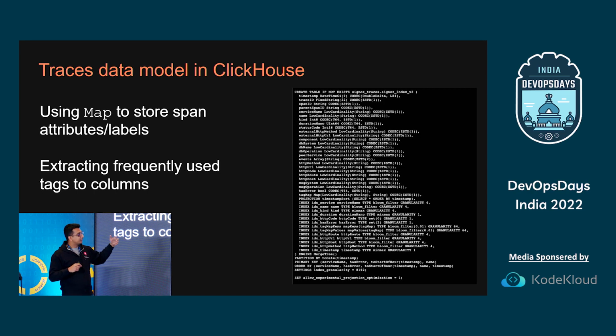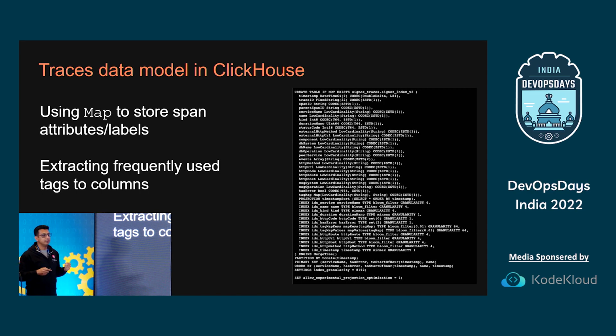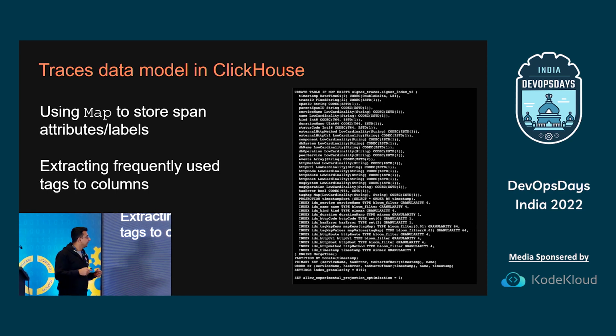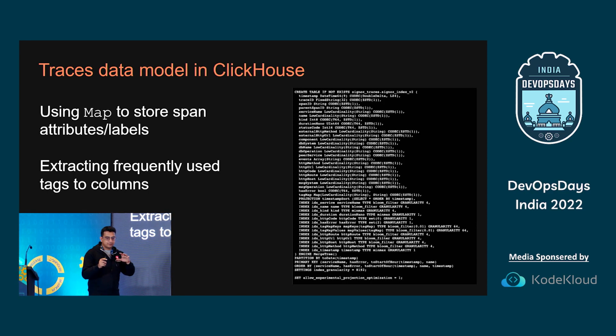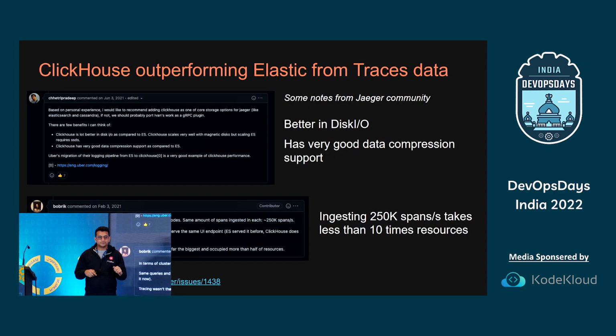Apart from that, ClickHouse has a fantastic set of compression techniques like LZ4, Gorilla, and ZSTD. These are very performant when it comes to compressing the data. So that is the kind of model that we are working with.